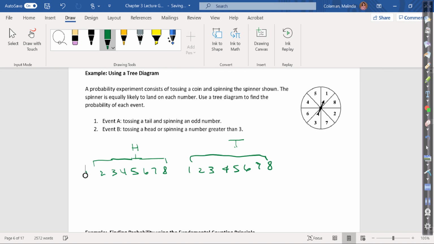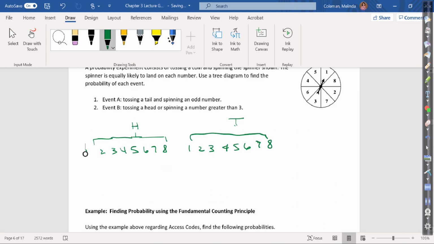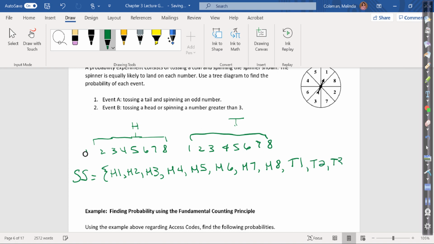Okay. So now my sample space would be H1, H2, H3, H4, H5, H6, H7, H8, then tails in spinning 1, tails in spinning 2, tails in spinning 3, tails in spinning a 4, tails in spinning a 5, tails in spinning a 6, tails in 7, tails in 8.